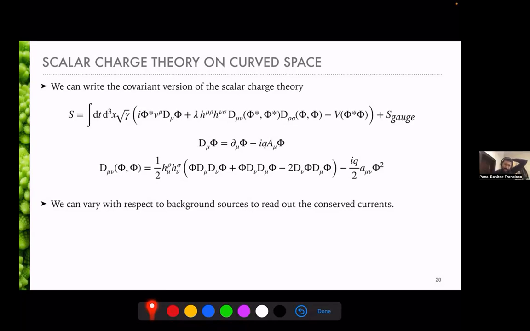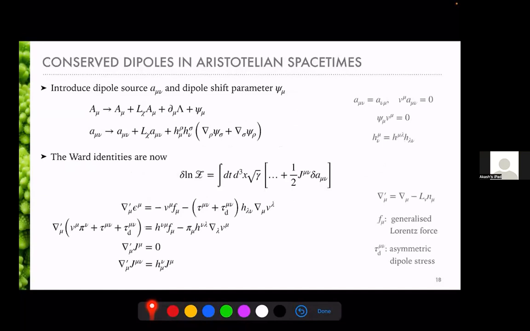I have a question that is also related to these Ward identities. You told us that you cannot construct gauge invariance because the field strength will not be gauge invariant.